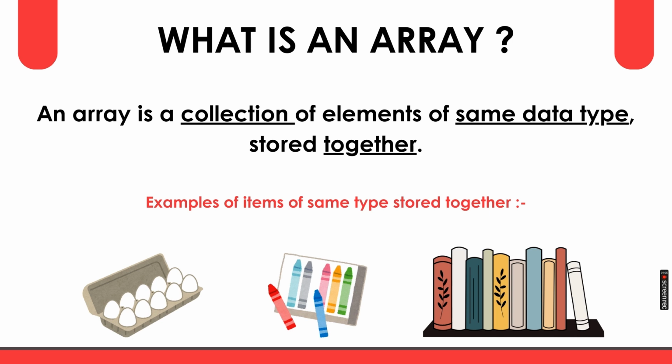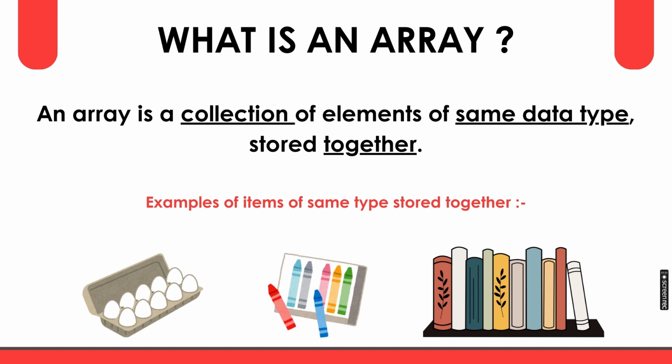In these pictures you can see that all the items in every picture are of the same type and they are being stored together. The eggs all are eggs and they are stored together one by one in a carton. Then we have some crayons, they all are crayons and they are stored together, and same for the books.